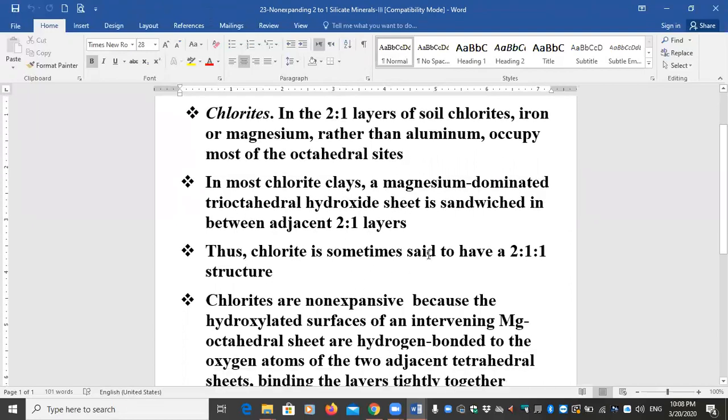Thus, chlorite is sometimes said to have a 2 to 1 to 1 structure: tetrahedral, octahedral, tetrahedral, octahedral. That octahedral is the magnesium-dominated trioctahedral sheet sandwiched between two crystal units.